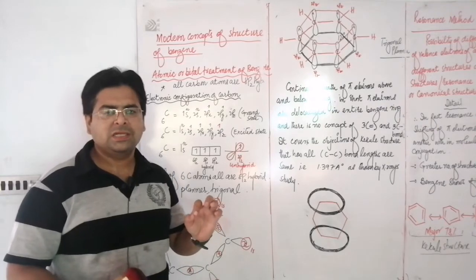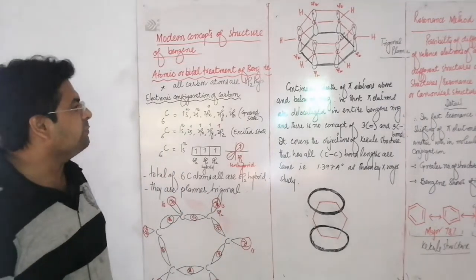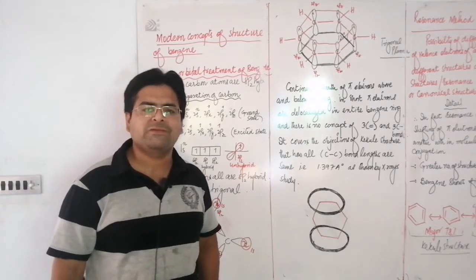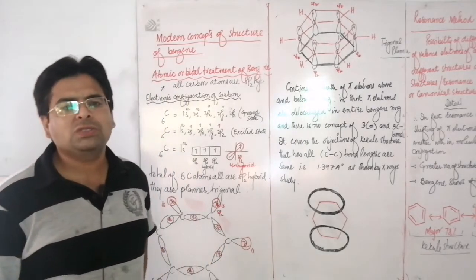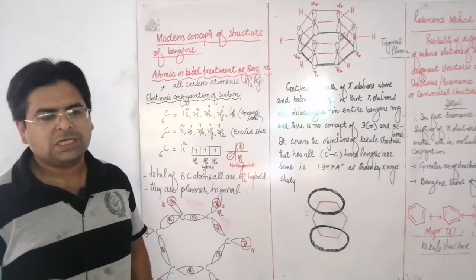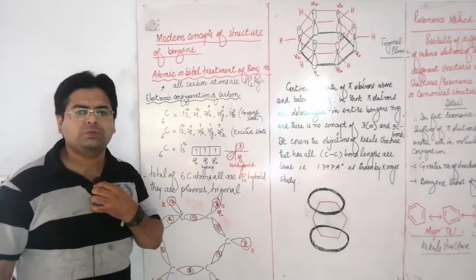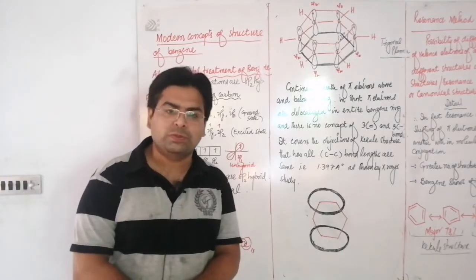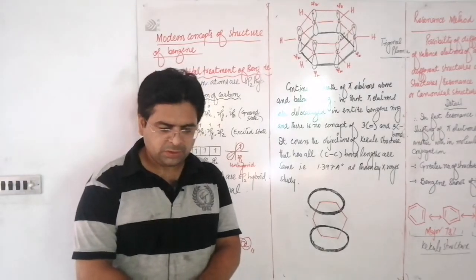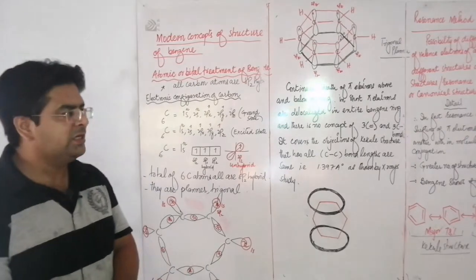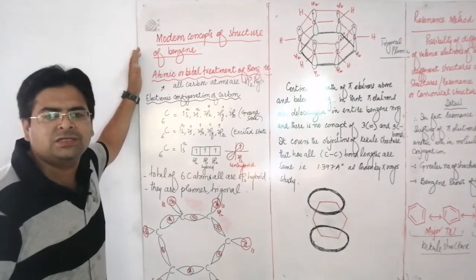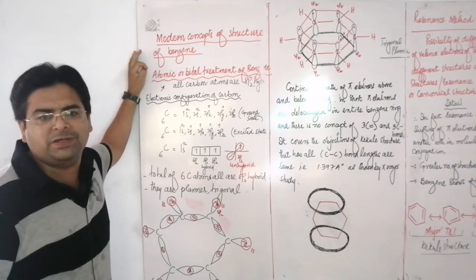The major limitation was that the carbon-carbon bond length according to X-rays would be different if we follow Kekulé's rule. The carbon-carbon double bond should be shorter and the carbon-carbon single bond should be longer. Due to this deficiency, Kekulé's structure was not sufficient to fulfill our requirement.